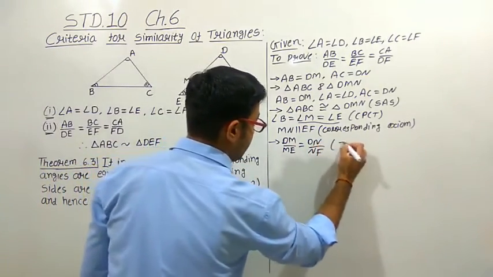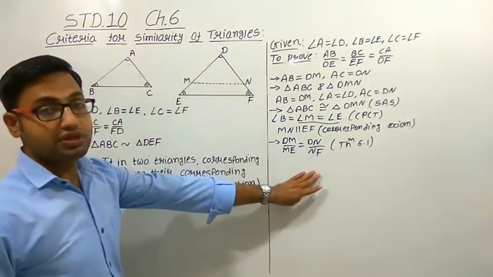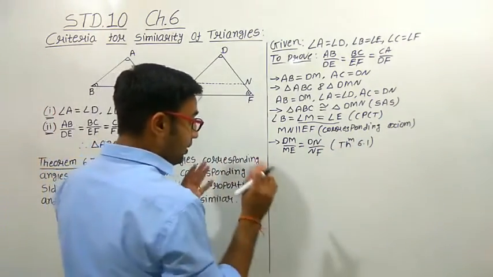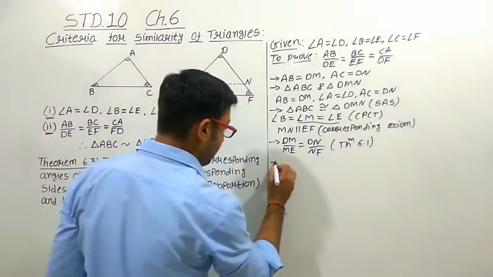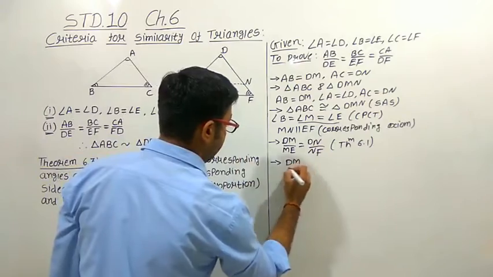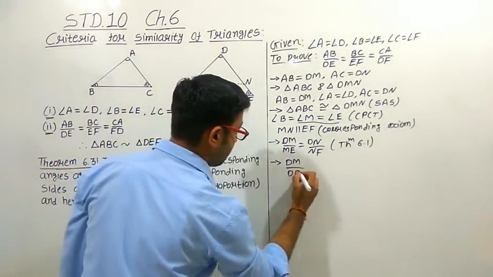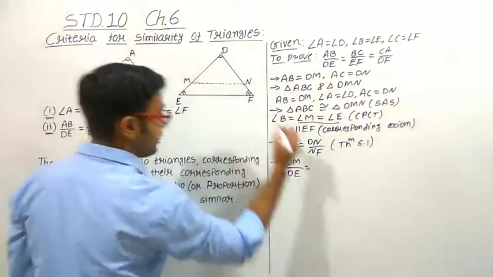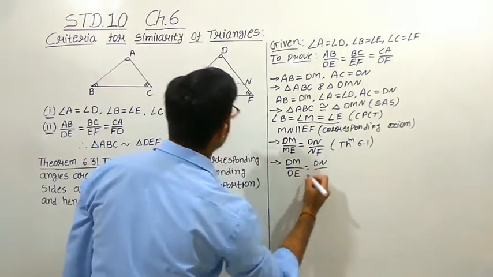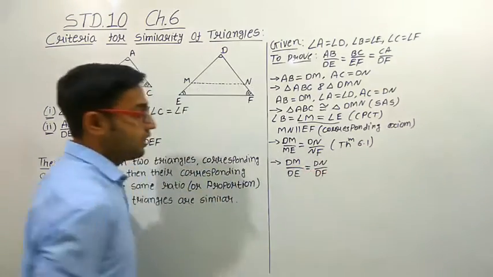This is according to theorem 6.1 or the basic proportionality theorem. One more result we can write down, that is DM upon DE, the whole side, is equal to DN upon DF. Right, this result also we can write down.